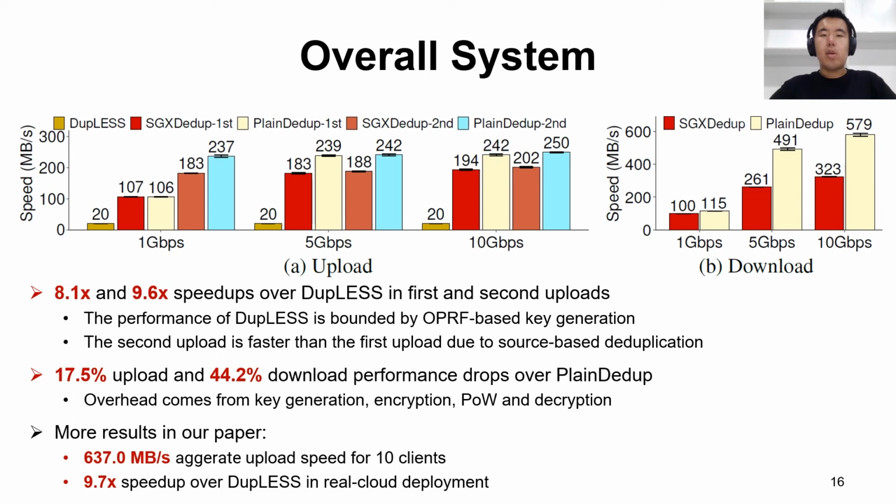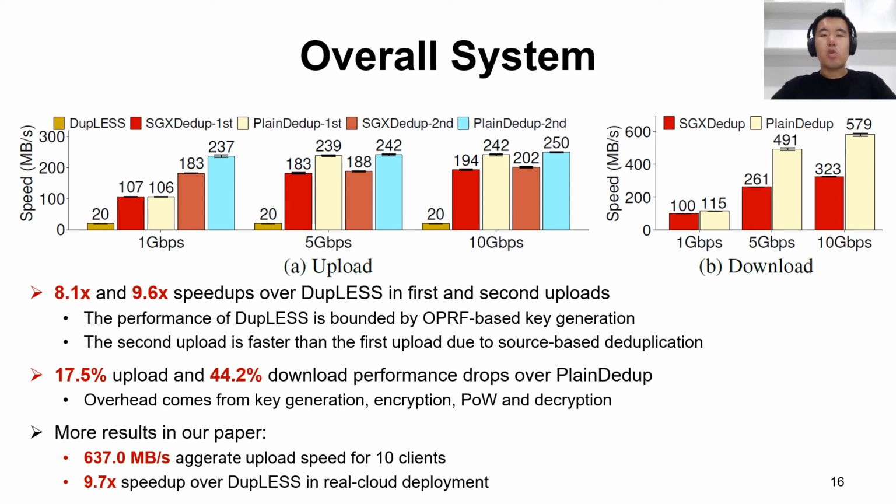We see that the performance of Duplus is always bounded by the OPRF-based key generation, while SGXDedup achieves 8.1 times and 9.6 times speedups over Duplus in the first and second uploads. Also, the second upload of SGXDedup is faster than the first upload since it uses source-based deduplication and does not need to transfer data again.